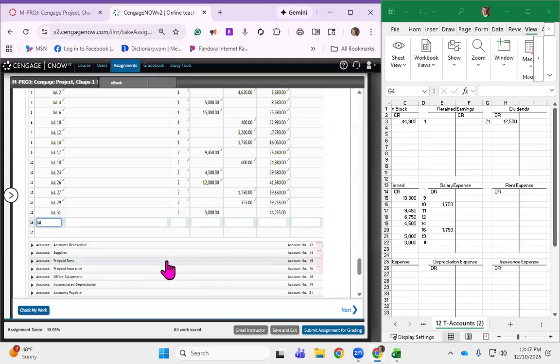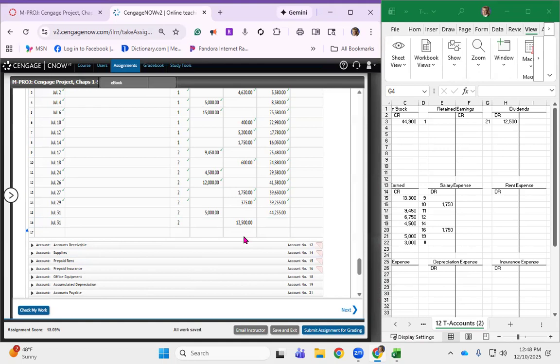Okay, July 31st, page 2. Yes, we're paying dividends, so $12,500. So it looks like we have another line yet for cash, which concerns me just a little bit, but we'll go back and audit it.